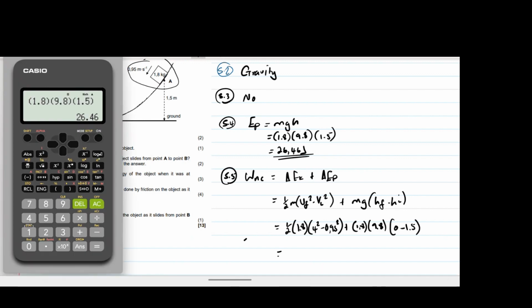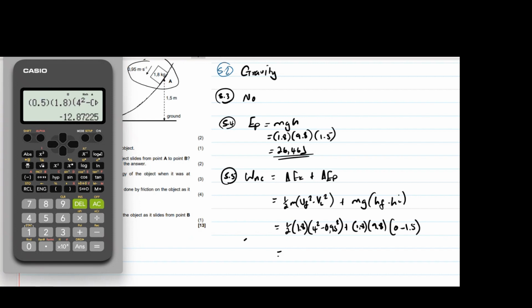Bring back the calculator: 0.5 times 1.8 times (4 squared minus 0.95 squared), plus 1.8 times 9.8 times the difference in height, which is 0 minus 1.5.